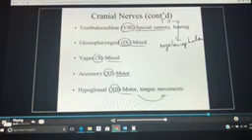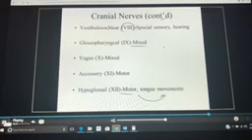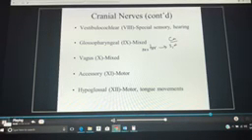Now, let me summarize for you the basic function of the cranial nerves in terms of their numbers. So, in terms of motor, cranial nerves 3, 4, 6, 11, and 12.